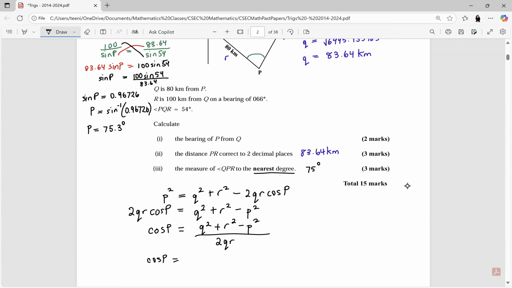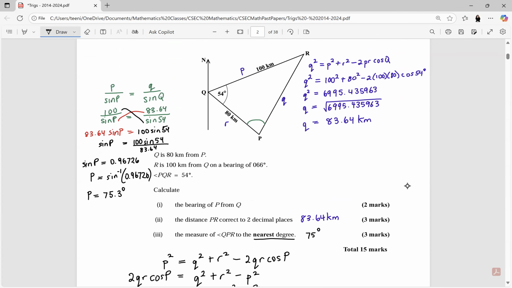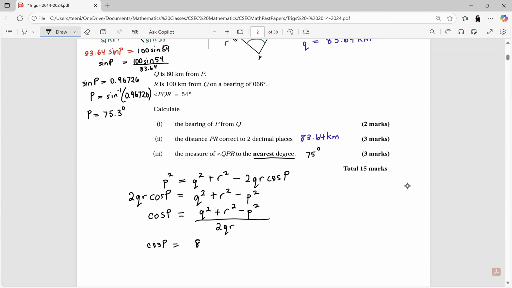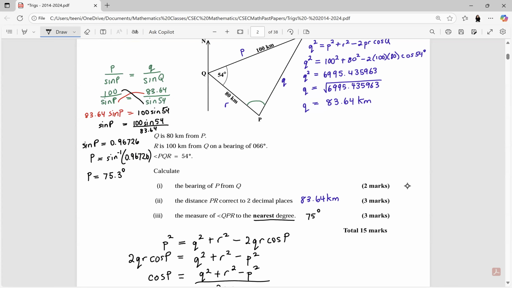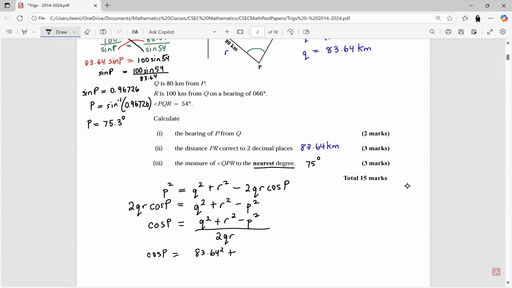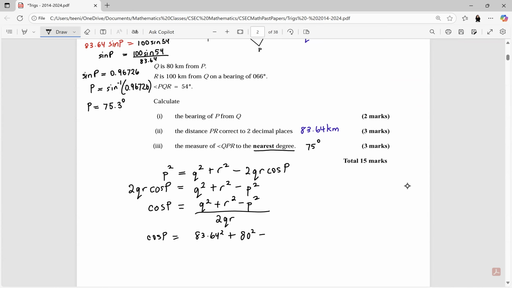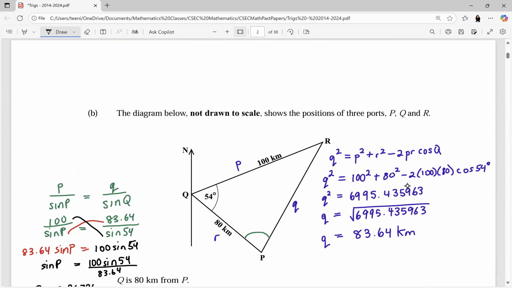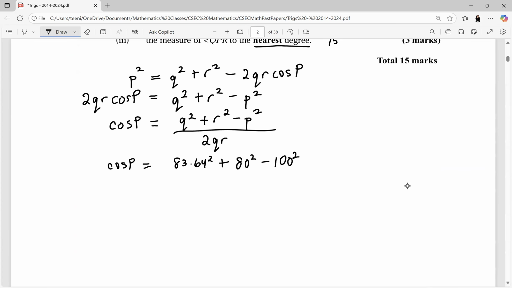Cos of P is equal to Q squared. What's Q? Q is 83.64, plus R squared. R is 80 squared, minus P squared, which is 100 squared. All of that is over 2 times 83.64 times 80.